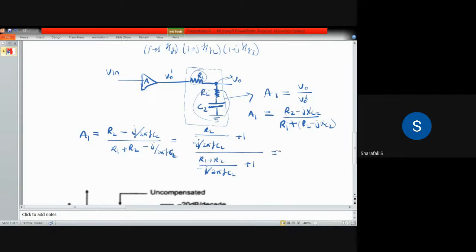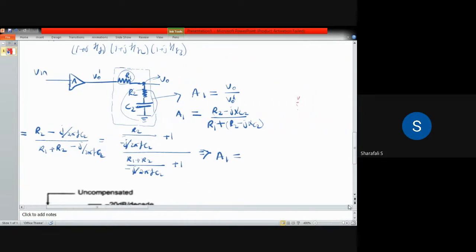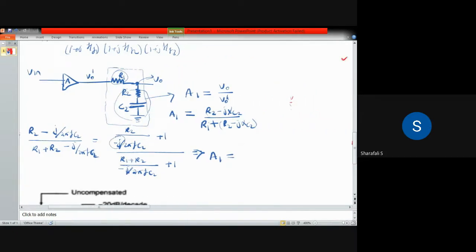So A1 is equal to: the minus j goes up and becomes plus j, and 2 pi f C2 also goes up.